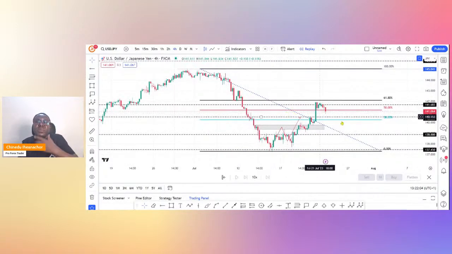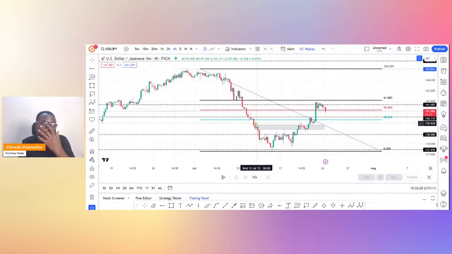Price has comfortably moved into the 50 to 61.8 retracement zone. Okay. Any moment from now, there could be a massive drop, particularly if the price closes below this on the 4 hour time frame, but it's something that I'm also seeing.